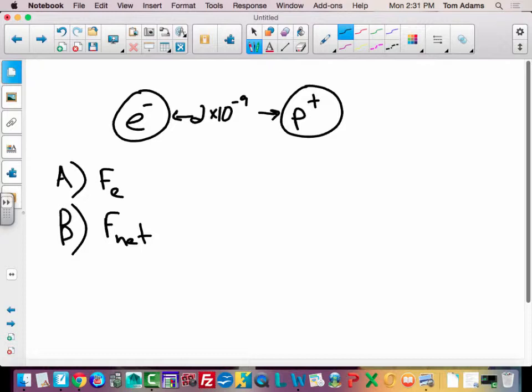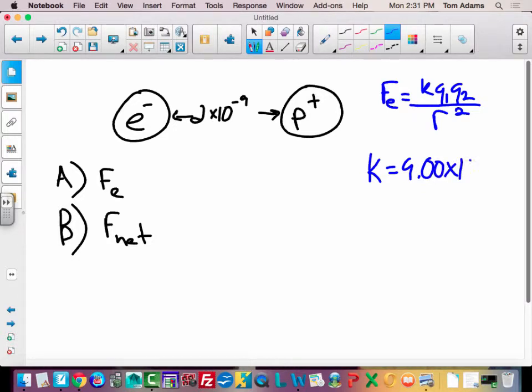First and foremost, we're probably going to use Coulomb's law, which says that the force is equal to the constant K times charge 1 and charge 2 over the distance between them, or radius, squared. Remember that K is the constant of 9.00 times 10 to the 9.